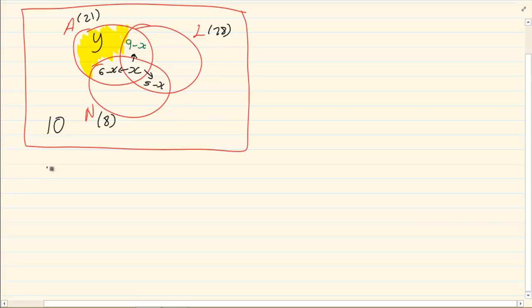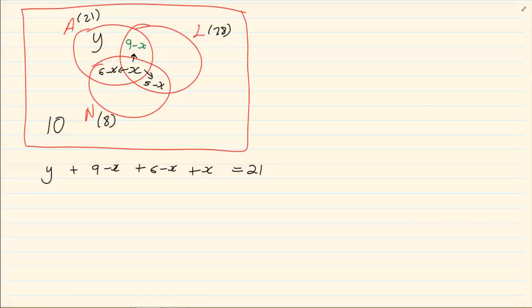Now we know y plus 9 minus x plus 6 minus x plus x is going to equal 21. So what we're saying is that this entire circle is going to equal 21.